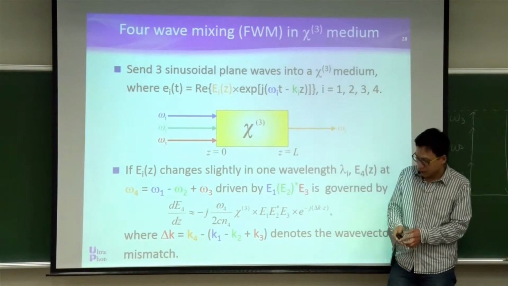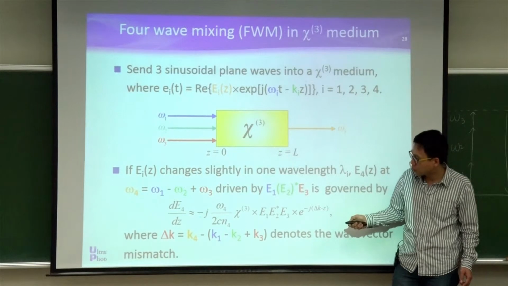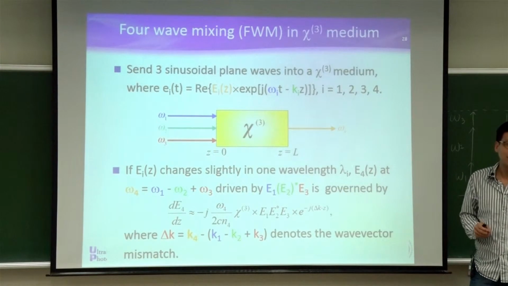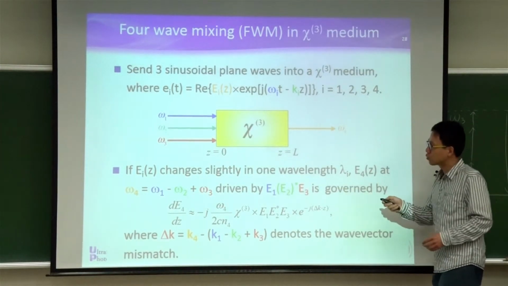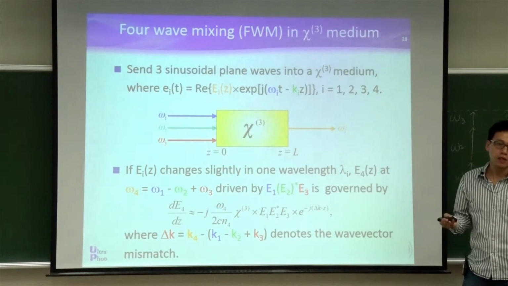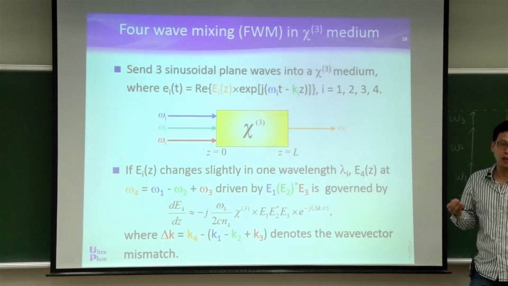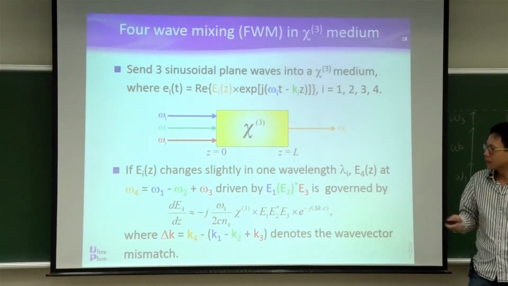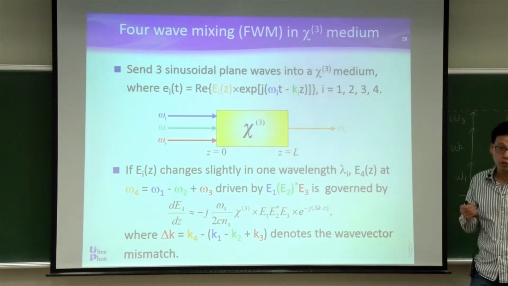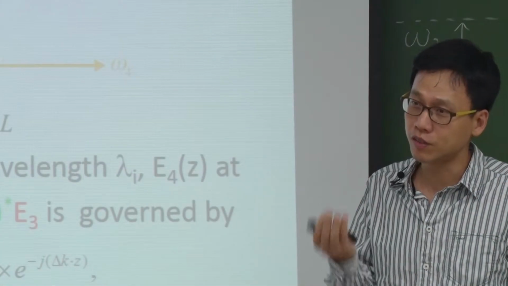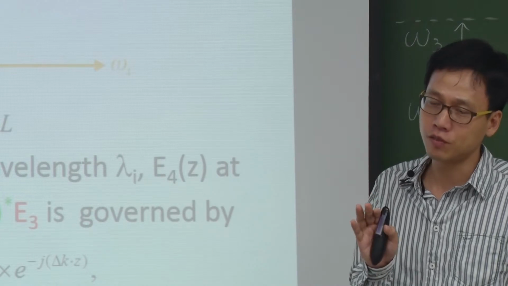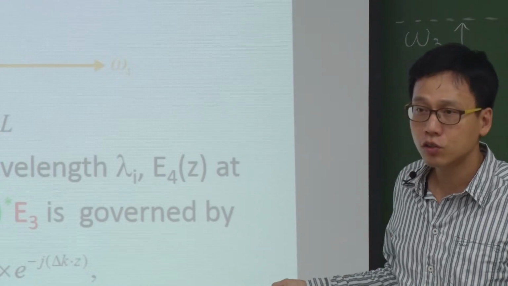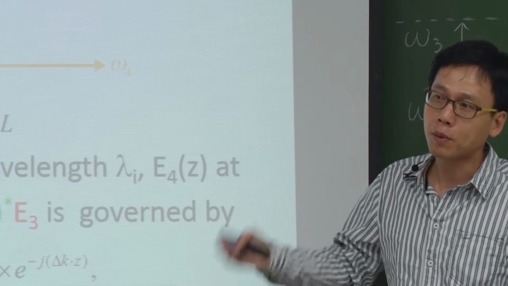So you have a spatial derivative proportional to this one, but this one should be almost like a constant, right? If we assume the 3 input fields initially have quite large power, they will not lose much power compared with the input. Then the product of the 3 terms should be roughly a constant, independent of z. If the conversion efficiency is low, it's true.